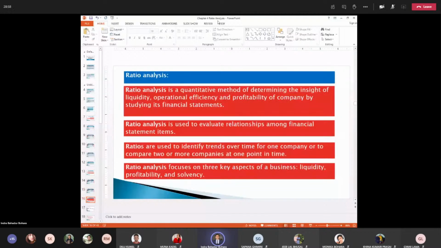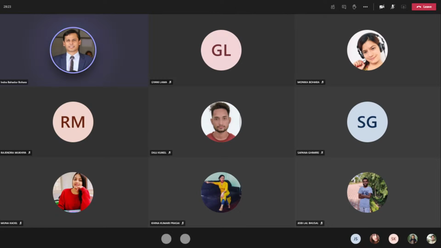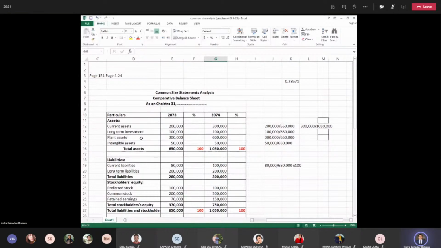Now let's see from the exercise how vertical and horizontal analysis is made. Page number 151, question number 4.24. Now I am setting up the Excel file.